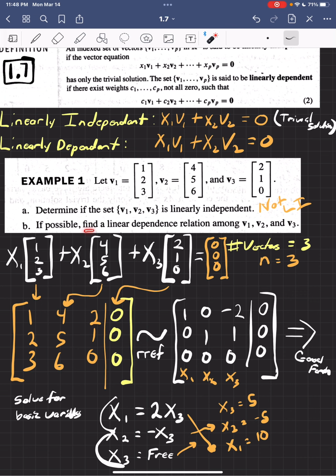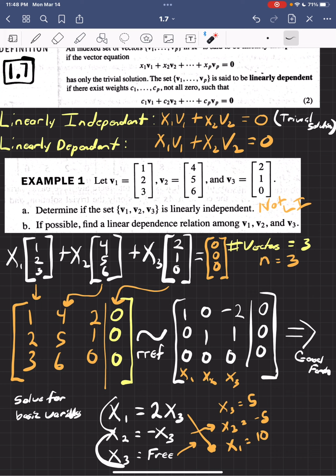If it's not linearly independent, find a linear dependence relation. What that means is find a solution to the equation other than just 0, 0, 0. And that's exactly what we did. 5, negative 5, 10. That works.